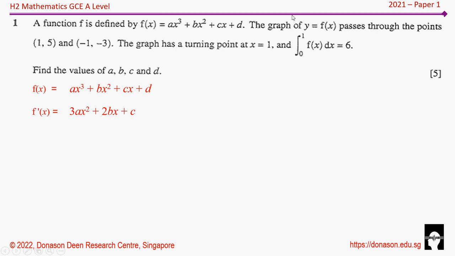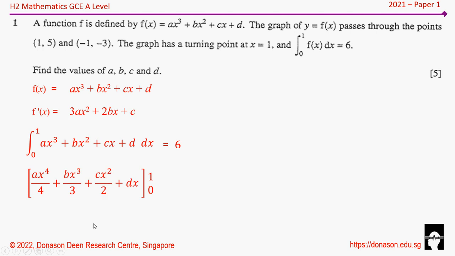So now we can actually substitute the conditions, and the third condition is the integral of f(x) with respect to x. I have copied down f(x) from 0 to 1, and this should be equal to 6. So there we have the third condition. Right, so now we can start to make use of all the conditions to set up the equations.